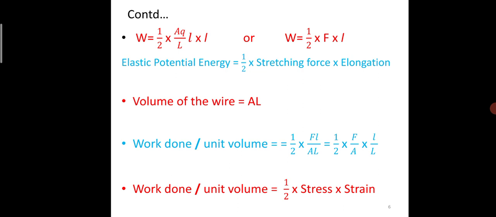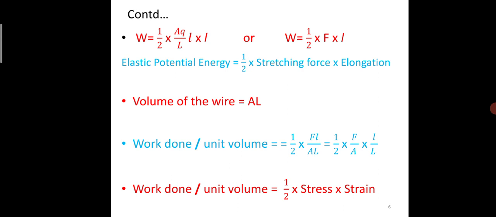Then we divide that small l square as l into l. Then we have W is equal to half into AQl by L into l. We know that AQl by capital L is equal to the force F, and into l as it is.